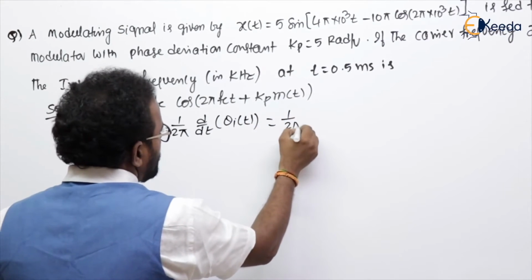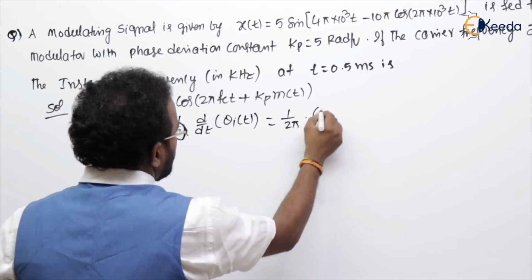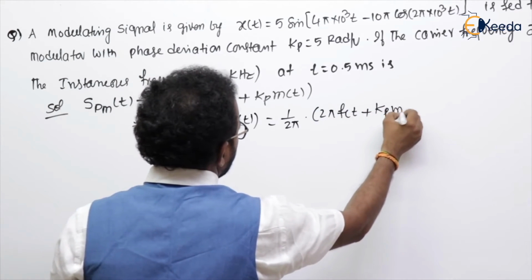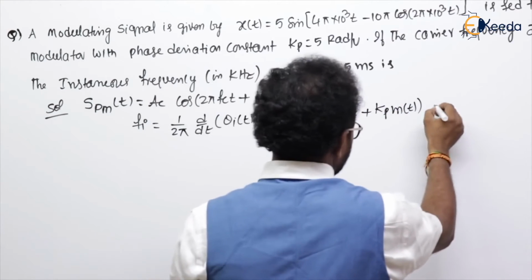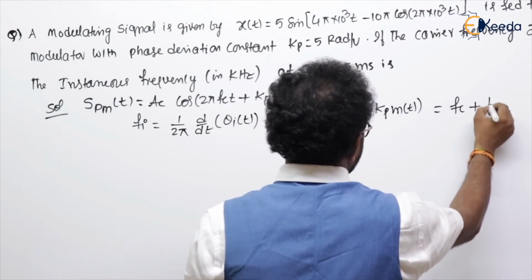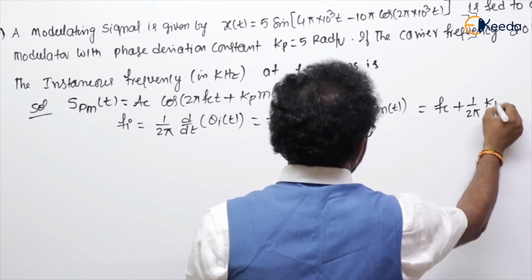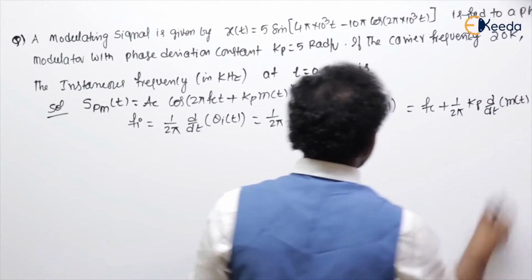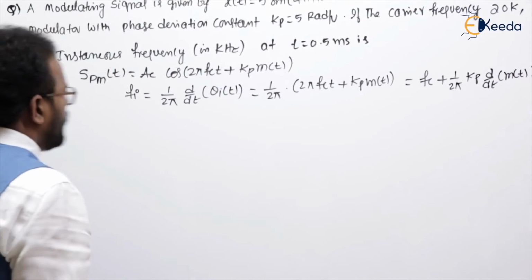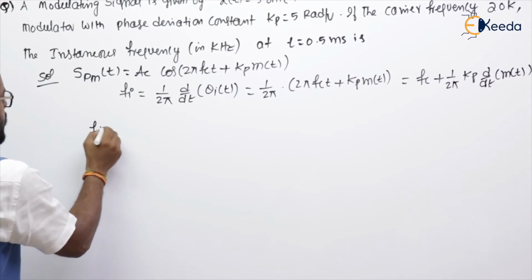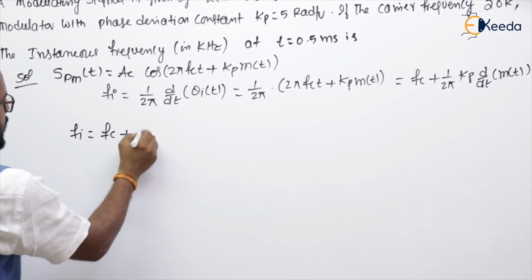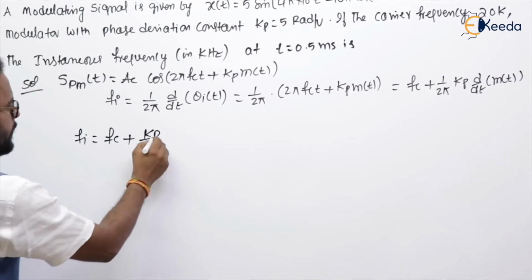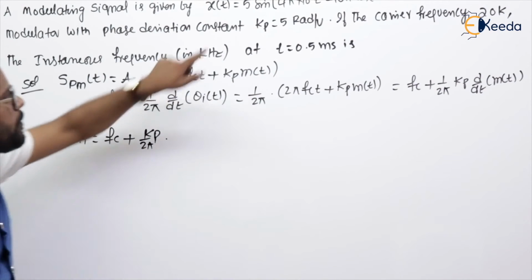That is 1 by 2 pi into, what's the total angle here? 2 pi fct plus kp into m of t. That is fc plus 1 by 2 pi into kp into d by dt of m of t. Then Fi equal to Fc plus, in the final you can substitute values, kp by 2 pi d by dt of m of t.